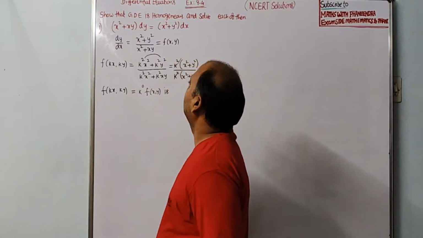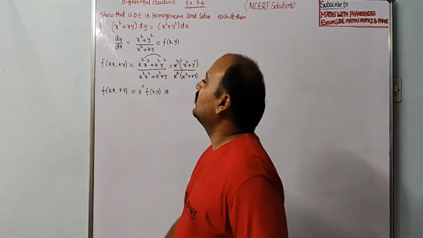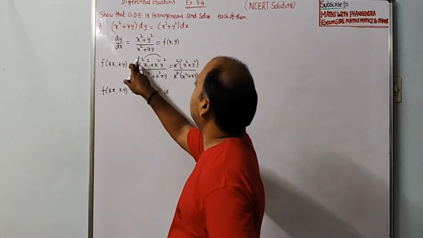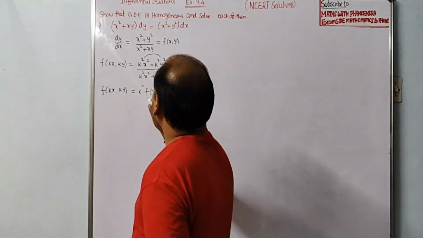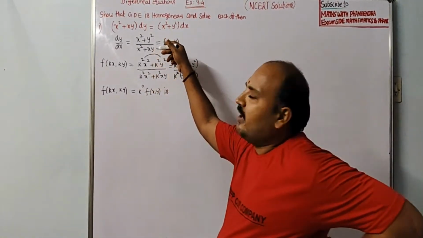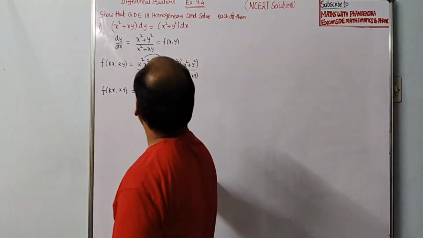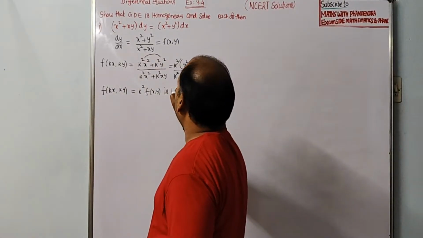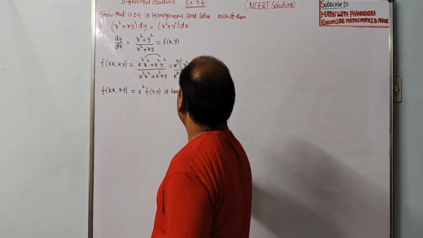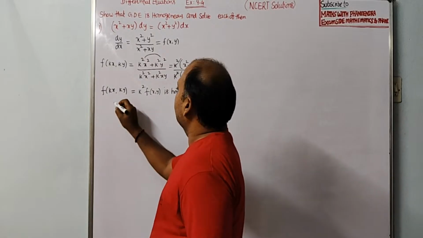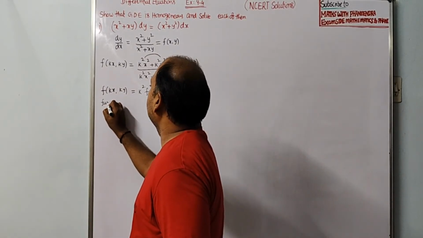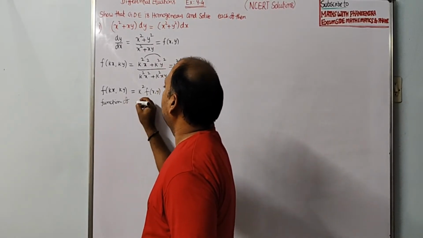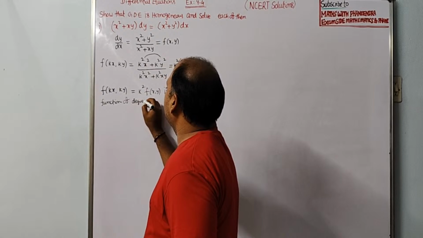Here k square is there, so degree 2. Generally, students, we can consider either only the numerator or the denominator. So we can write it as k square f of x, y, which is a homogeneous function, or homogeneous equation, of degree 2.